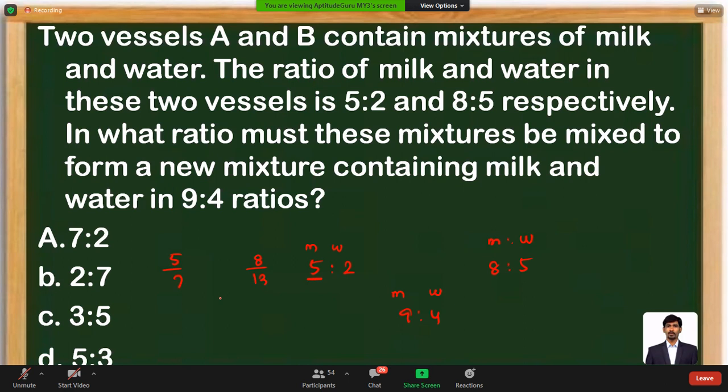So this is going to be 5 by 7 minus 9 by 13. 13 into 7 gives the result as 91, then 65 minus 13 into 7. So 13:7 is to 2 is the ratio, which is available as an option.